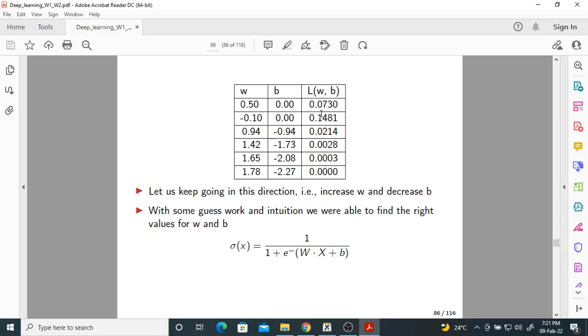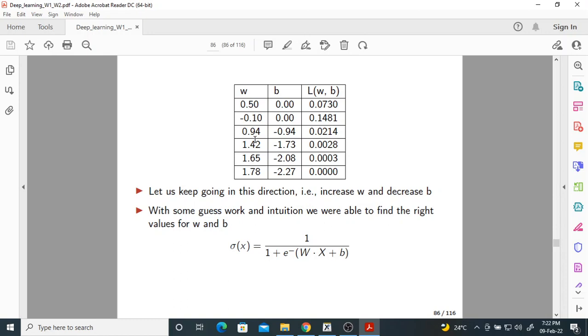In the first row the error is 0.07. In the second row the error is 0.14. The error increased. Why did it increase? Because I made W negative, which means W should be positive. When you make W negative, the loss increases.